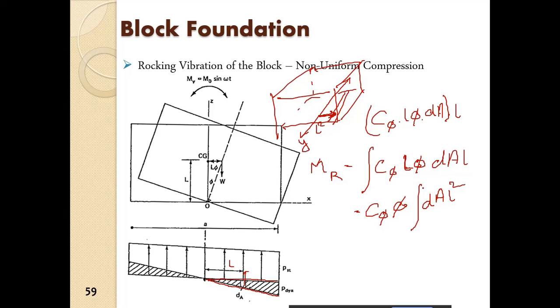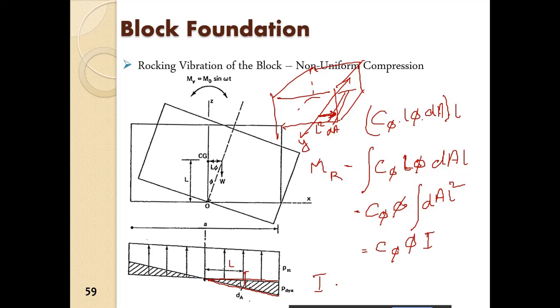So integrating dA into L square, we have I, all right. So that is the moment of inertia of the contact area, so that is C phi into I.